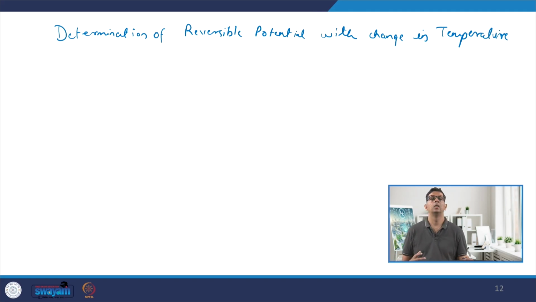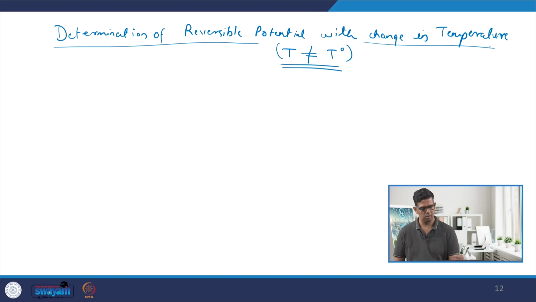In other words, what happens if we deviate from standard temperature and pressure conditions? In this case, your operating temperature T is not equal to T naught. So, let us find out.